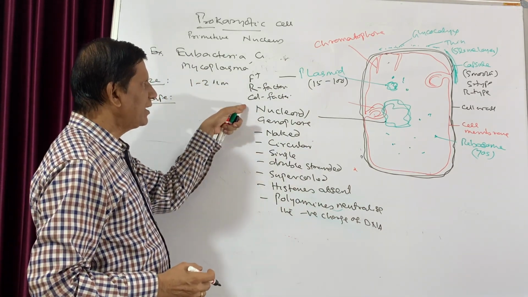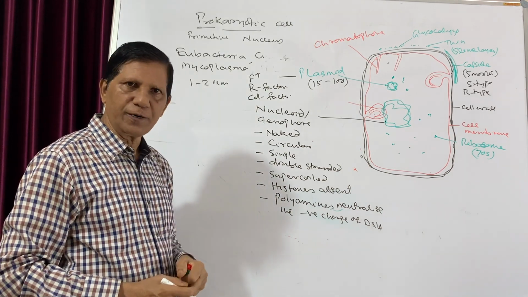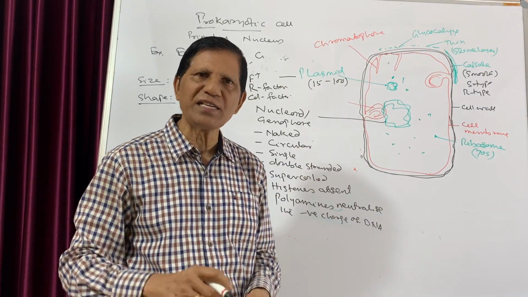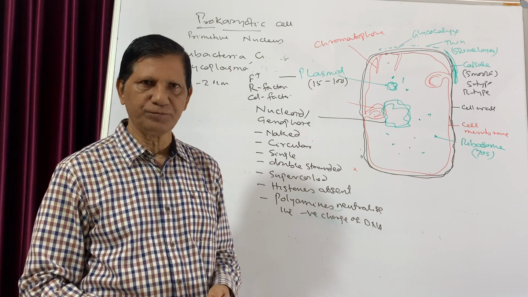These are the different genes present, and usually these plasmids are used as vectors in biotechnology. That is one of the important functions.